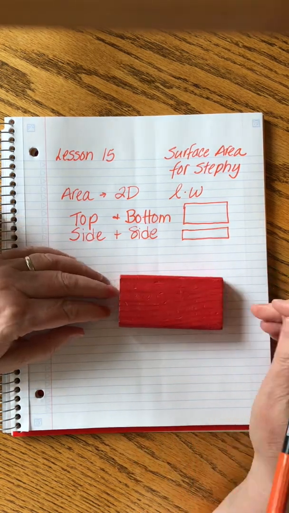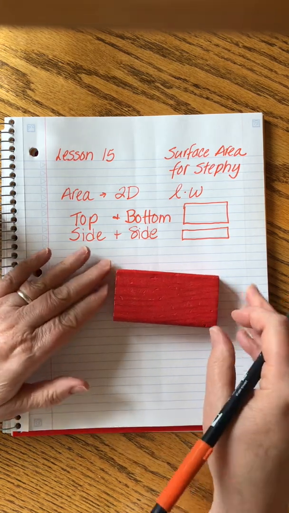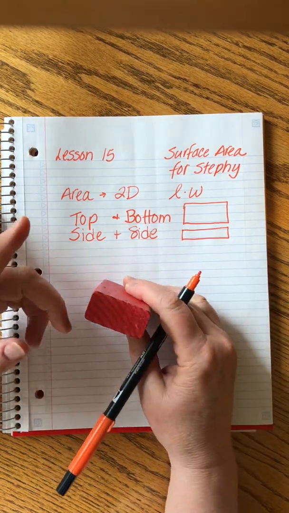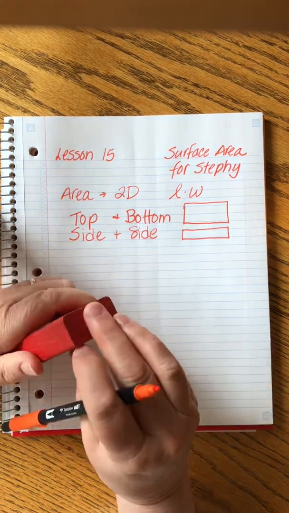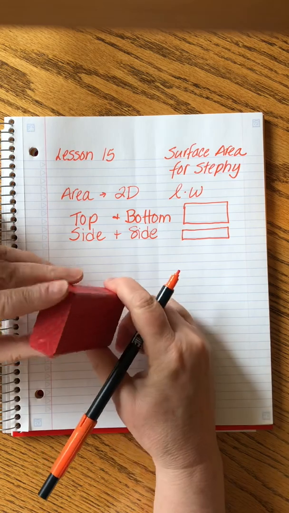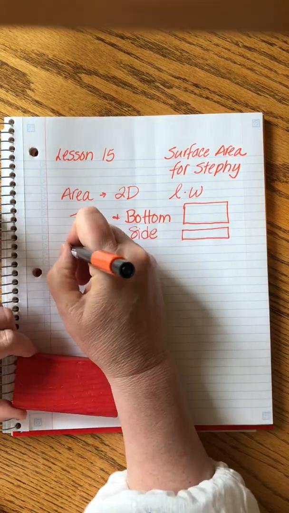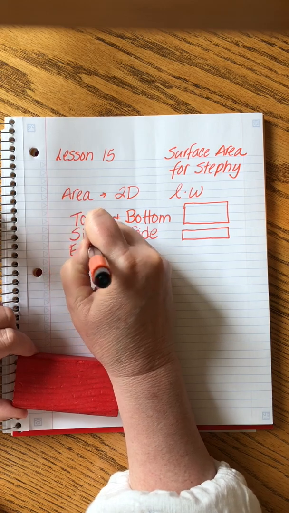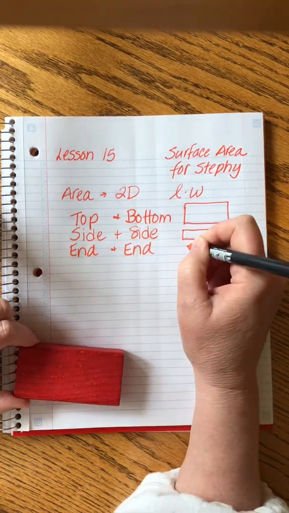There's no actual rule about that, but they're sides. And then there's one more set of faces. That's another way of describing them. These little ends. They're exactly the same, right? But they're different than these other four sides. So I'm going to call those the ends. End and end. They're the same size.